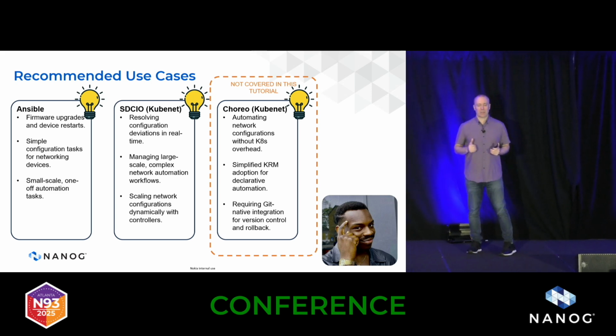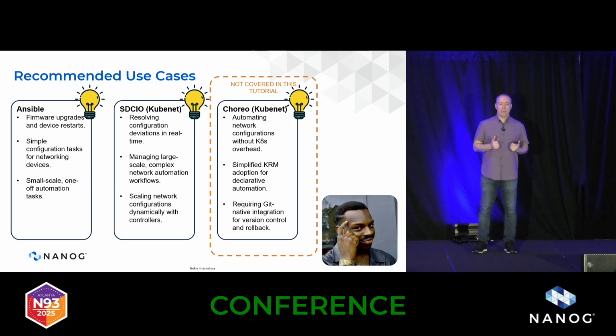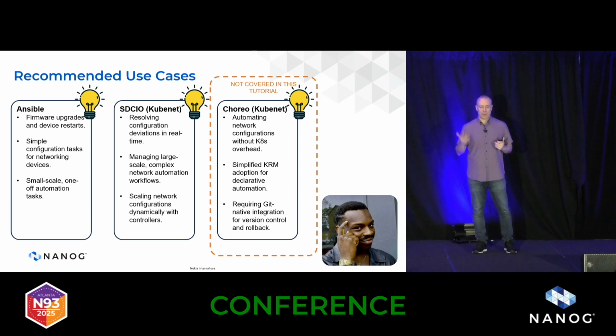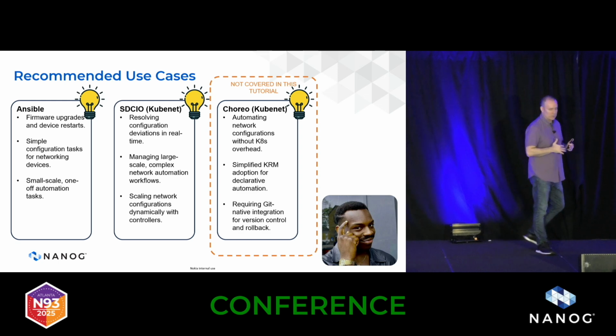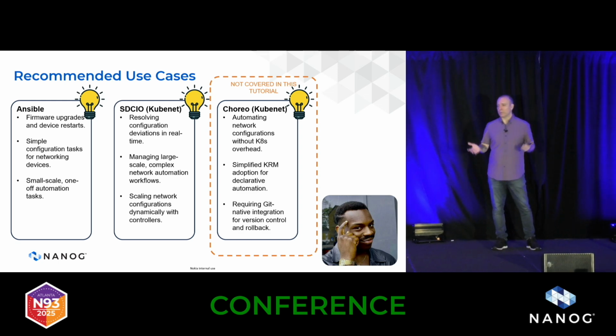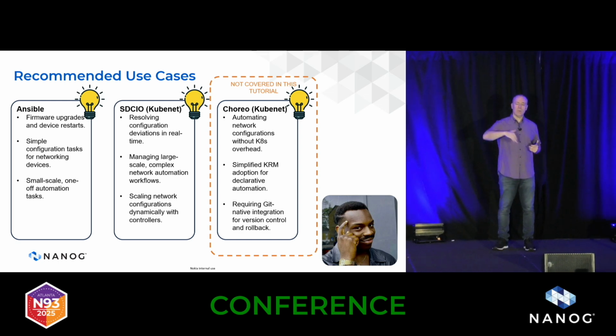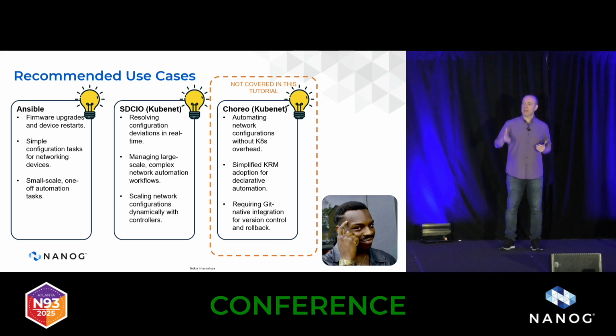Choreo is still a work in progress, but it can also help you start understanding the KRM model. It's a little more simplified than trying to work with Go and create your reconcilers. You can create your own abstraction of the network, and the good thing is you don't need to depend on the vendor.